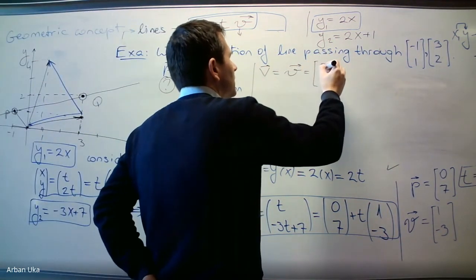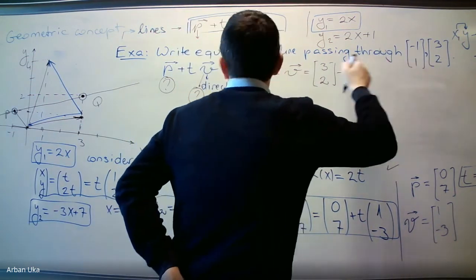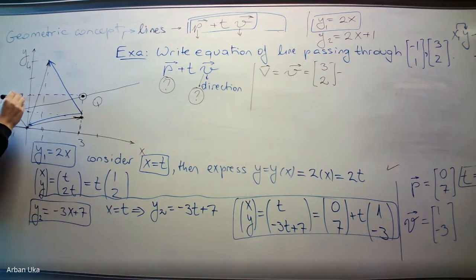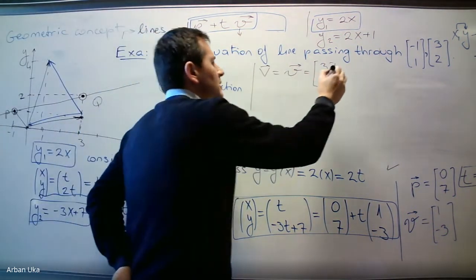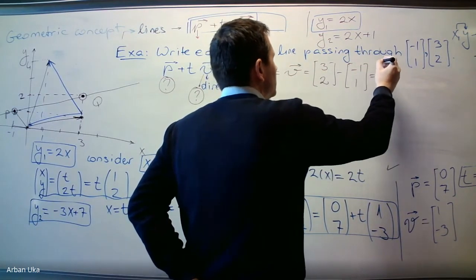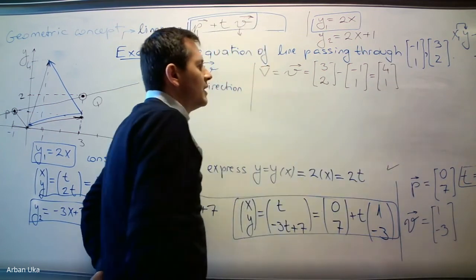Q minus P, we get 3, 2, which is this point Q, minus this other point, minus 1, 1. What do we get here? We get 4, 1.